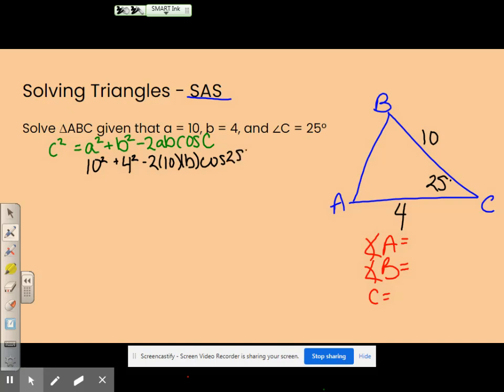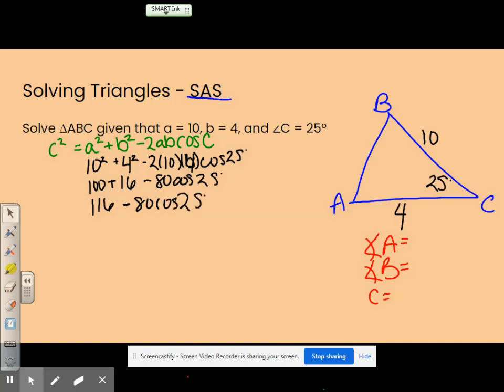Well, I know 10 squared is 100, 4 squared is 16, negative 2 times 10 times 4 is going to give me a negative 80, cosine 25 still. I'm going to try and combine some like terms, and I'll get that, all right, 100 plus 16 is 116, minus 80 cosine of 25 degrees.